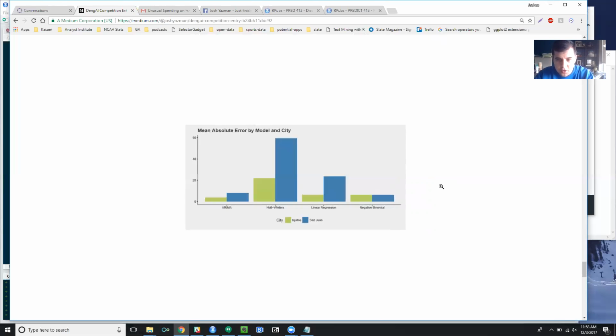So in terms of purely minimizing mean absolute error, I maybe should have used the negative binomial method for San Juan and the ARIMA method for Iquitos. But in terms of deploying that model, if I were to deploy the negative binomial model out of sample, I would need to also project all of the input variables for it.